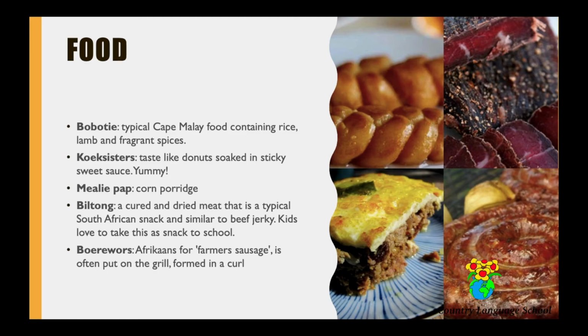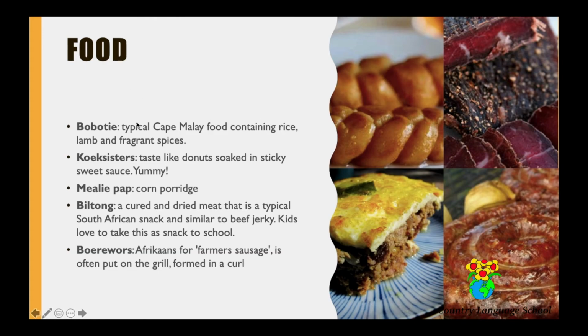South African people love to eat meats, and game meats such as kudu and springbok are common. However, most people eat beef, chicken, lamb, and ostrich with their meals. Also, the people in South Africa love a barbecue, which is called a braai. And almost every house has a fireplace, which is called a braai place.